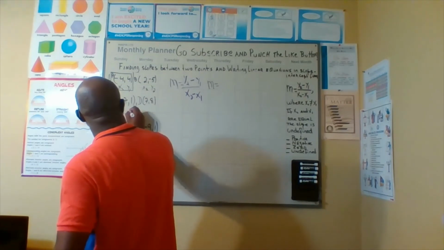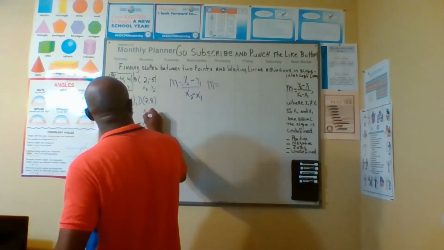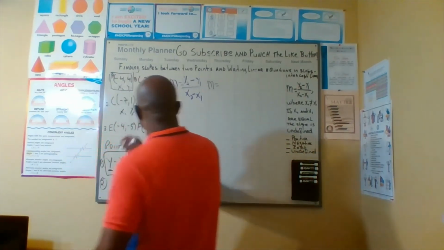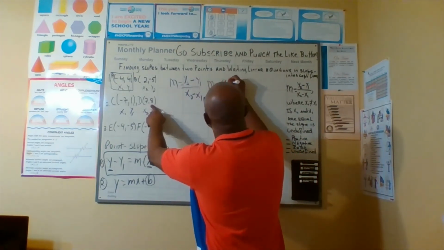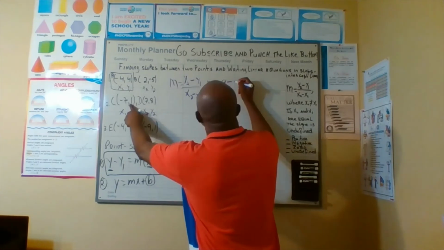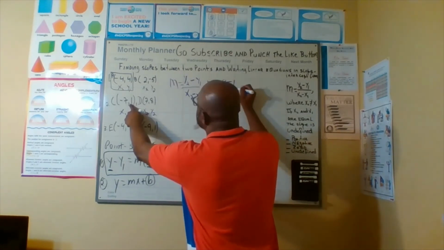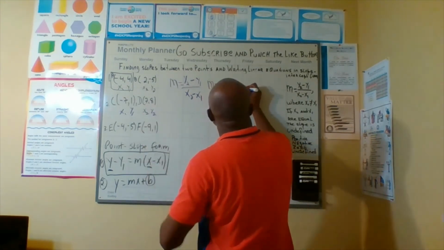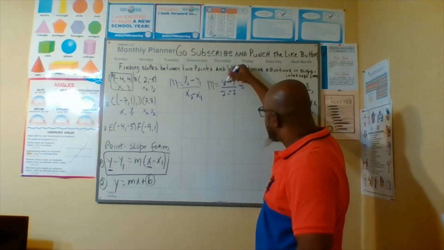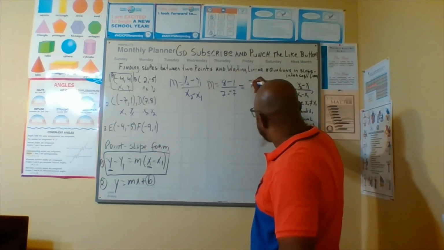This is x1, y1, x2, y2. As you see, I always label mine. So this is my y2, 8 minus 1 over 7 minus negative 7. So when I write my numerator out, it will be 8 take away 1, which is 7.